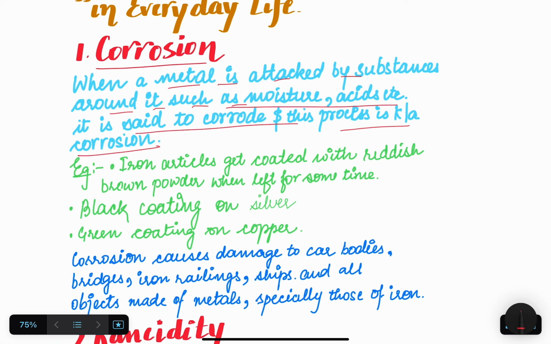Basically, sometimes you leave your silver jewelries or iron nails outside without keeping them safely in packets or the desired place, then you see some changes. The silver jewelries become tarnished with a black coating over them and the iron nails get rusted. This process is a part of corrosion.